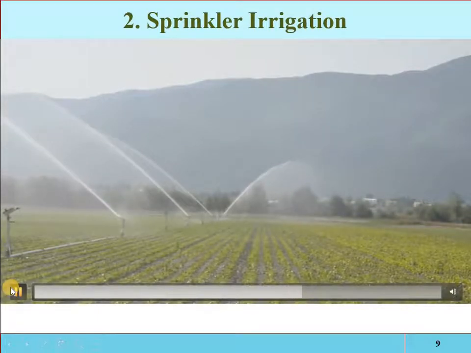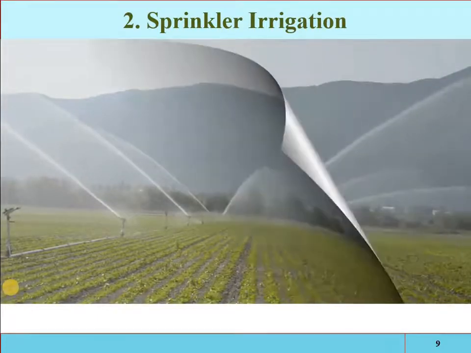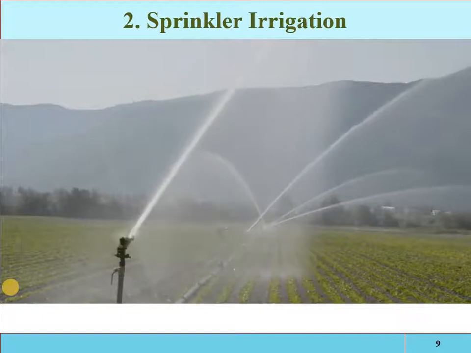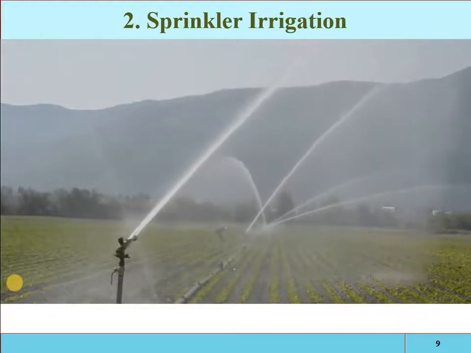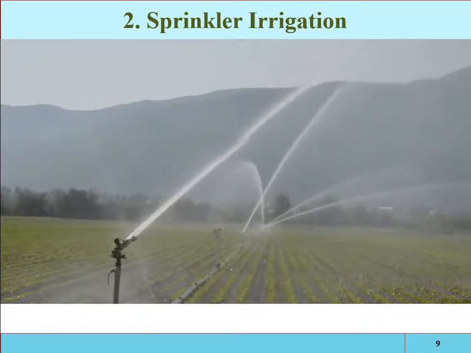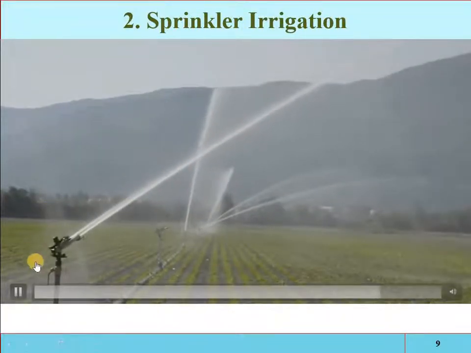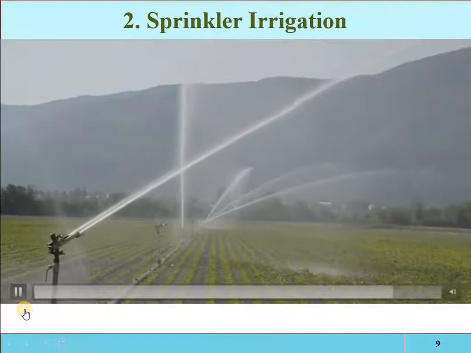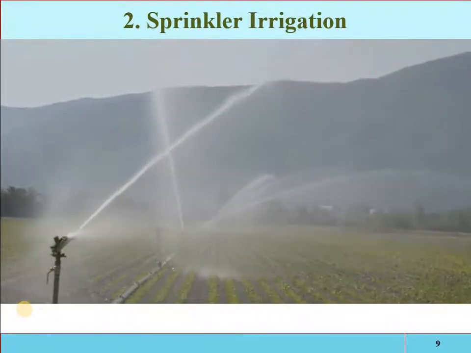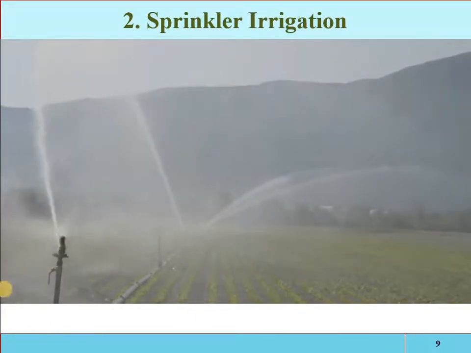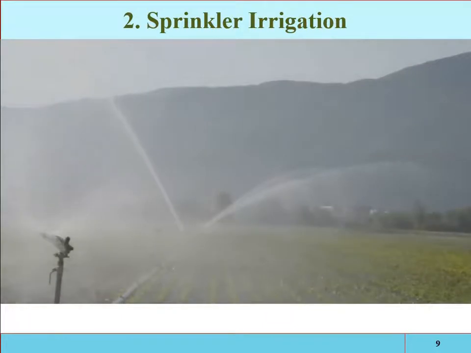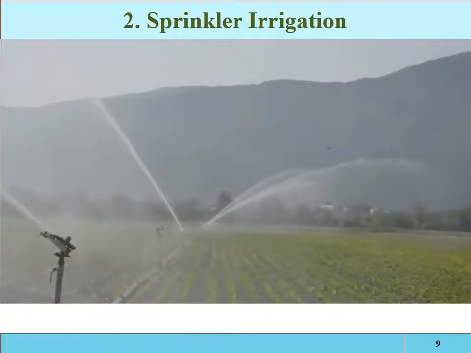So this is one of the most efficient pressurized irrigation systems compared to surface irrigation. The water is properly conserved and properly applied to the crops. Compared to surface irrigation, losses are reduced by 50 to 60% at maximum.